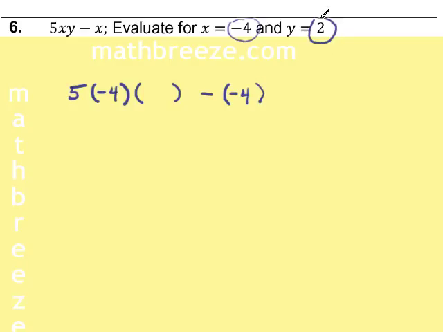And then we're going to put a 2 where y was right here, so we put a 2 here. Now let's go left to right. 5 times -4, that's -20, times 2. I'm just rewriting. All right. Here we have -40.